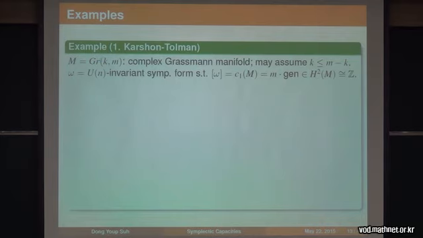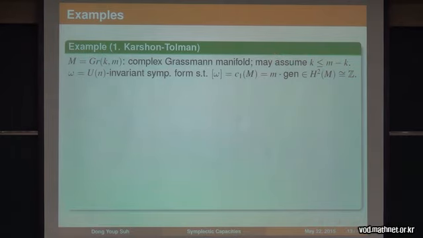Several examples. Kerman and Tolman gave a result on Gromov width on the Grassmannian manifold, and using our result, we can get it rather easily, or we can reconfirm their result. So M is the Grassmannian Gr(k,m), and for simplicity, we may assume that k is less than m minus k.